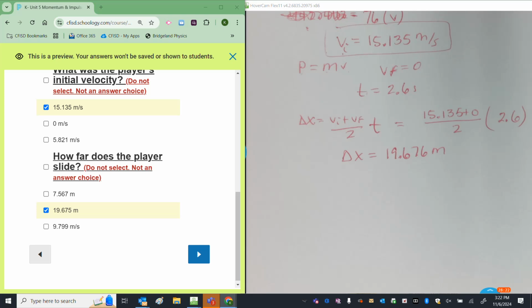I'm trying to remember which one it's in. So I know this question is in here, so I'm trying to look for it. It might not be in that problem though. It is not. I think it's in here.